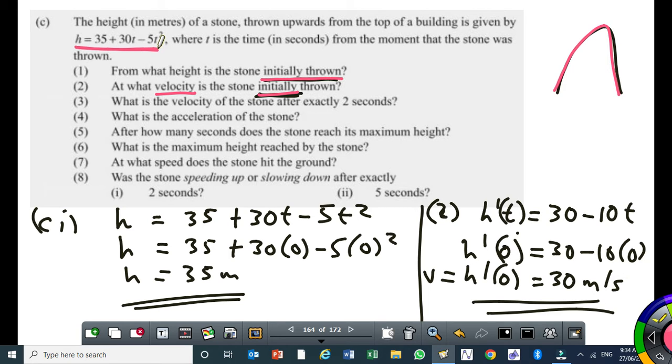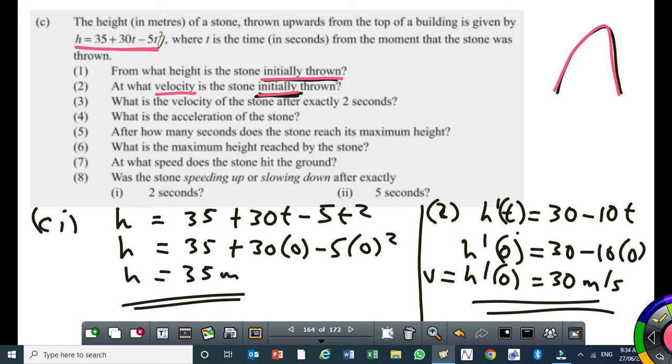Please remember, velocity is the gradient of the height function, of the displacement function, or of the distance function. So here we are given our function in terms of height.